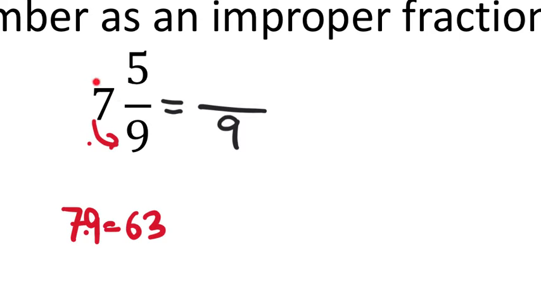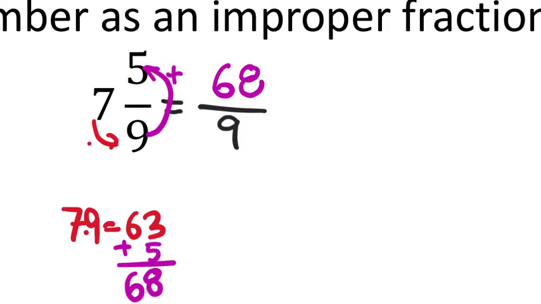So from these 7 whole pizzas, 9 pieces each pizza, 7 times 9, 63 pieces. Then we'd have to add the 5 numerator there, because that's what's left from that last pizza. And that would give us 63 plus 5 is 68. Drop the 9. That'd be 68 ninths. Okay, same exact value, just shown in a different way. That's it.